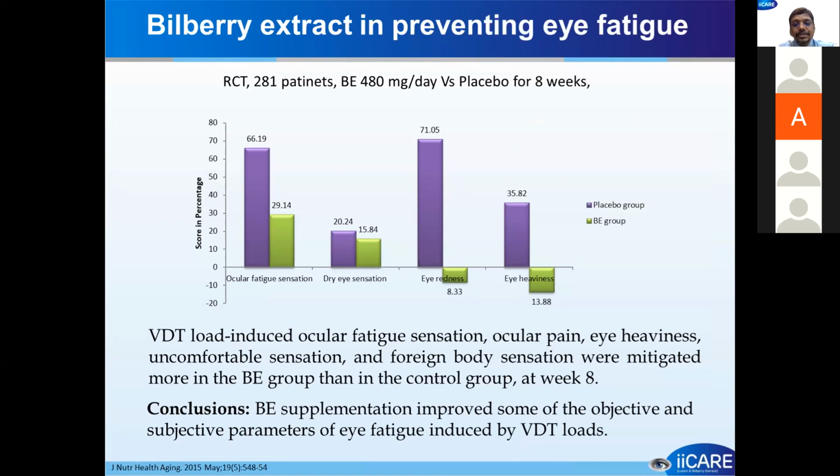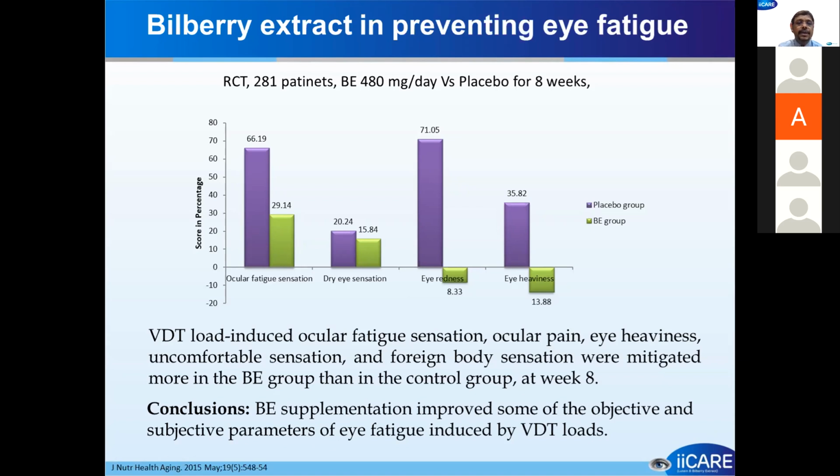Even dry eye sensation, eye redness, and eye heaviness were improved. So that study concluded that bilberry extract supplementation improved some of the objective and subjective parameters of eye fatigue induced by the video display terminal load.